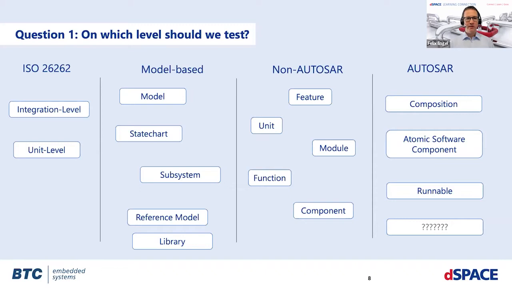It's certainly possible. And if I look at those slides, it's already clear. You said we don't know in non-AUTOSAR what a module is. And I think that's one of the huge benefits of AUTOSAR. Then the term is defined. Everybody knows what the atomic software component is and what the runnable is. The standard defines that.